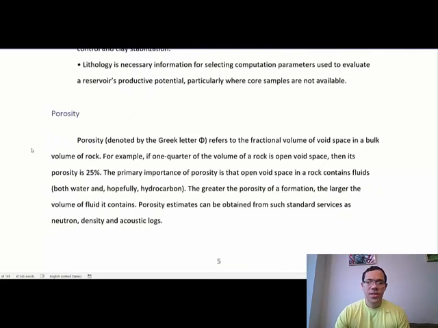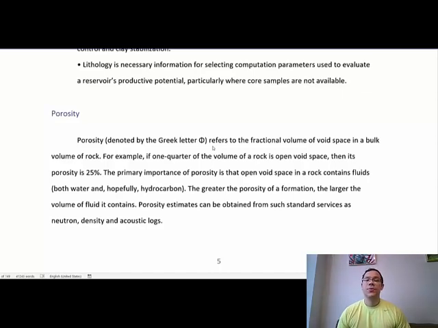Now let's go with porosity. Porosity is denoted with the Greek letter phi. Yes, you're going to see that letter a lot. And the first thing I would like to add is that there are 2 types of porosities: absolute porosity and effective porosity.